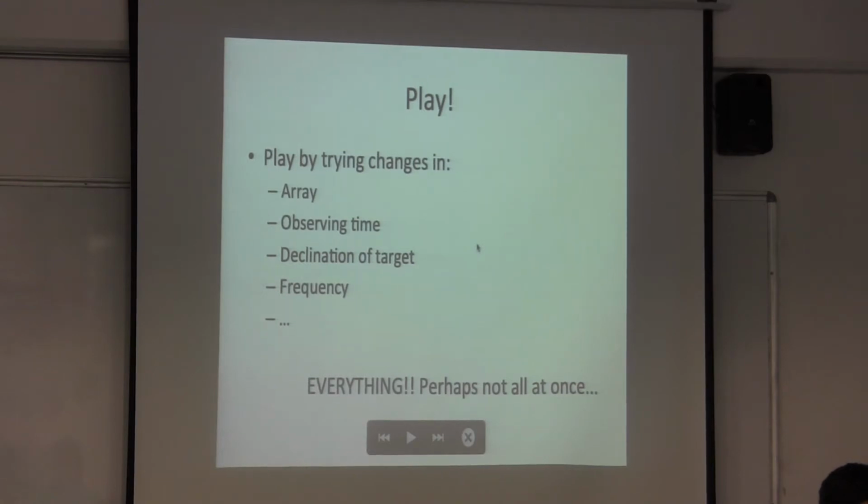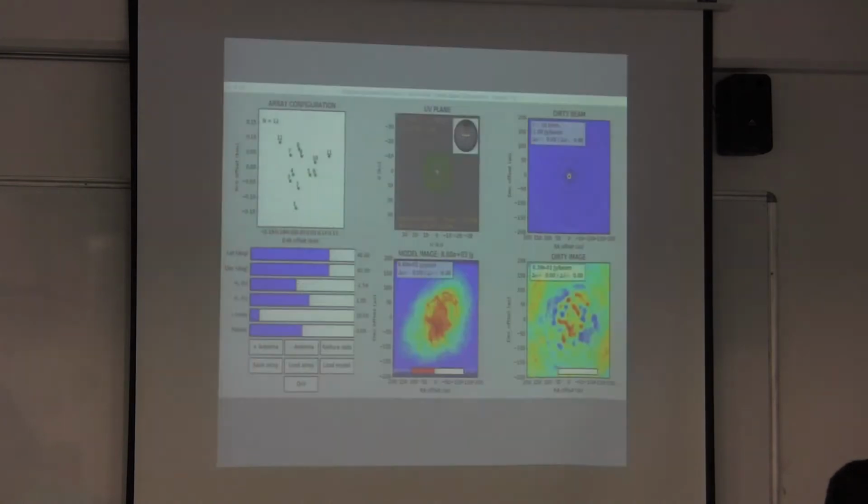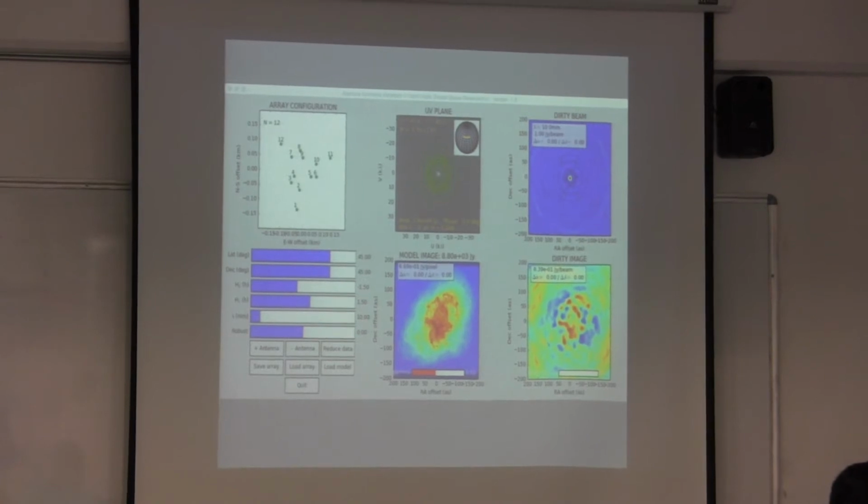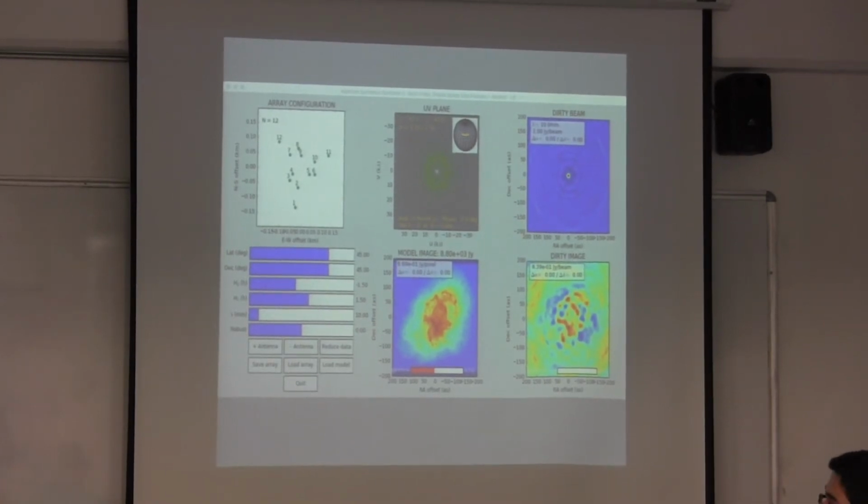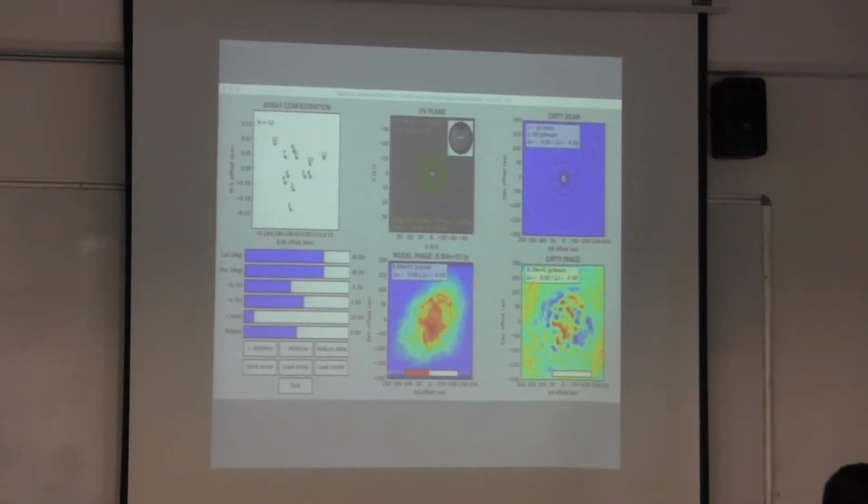I would say that we all try to play with it together, or if you are super advanced, just go ahead and make your own array. But I would first like you to load a point source model here, just the point source.